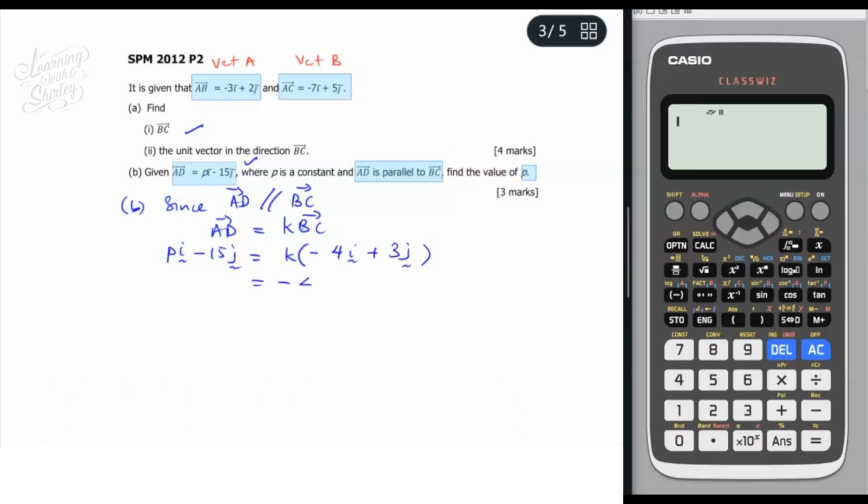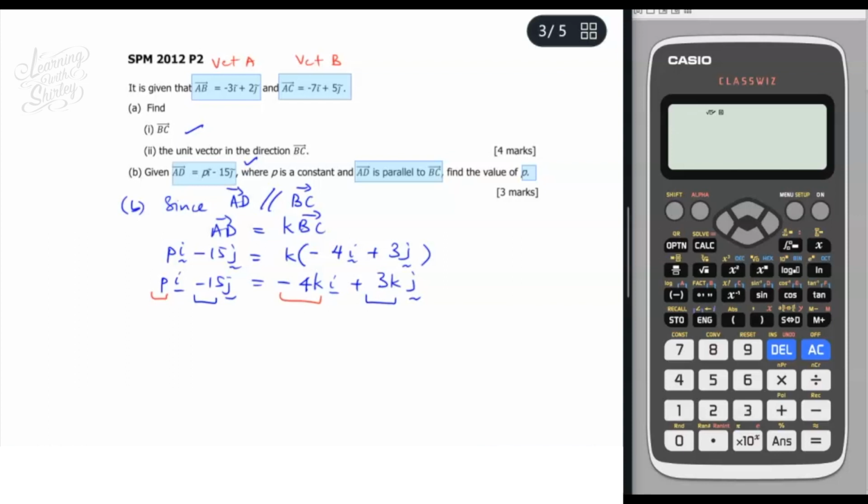So this is negative 4KI plus 3KJ. Okay, this one we bring down, PI minus 15J. Okay, so now we are going to compare the coefficients of the I, okay, which is this and this. So they are the same, okay? And then this one and this one the same.